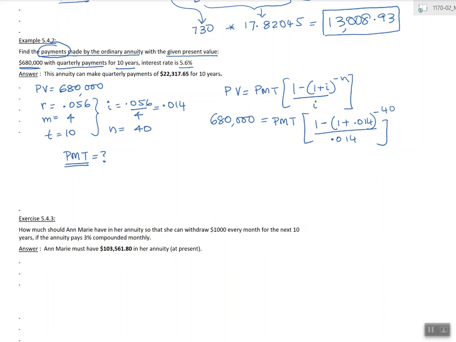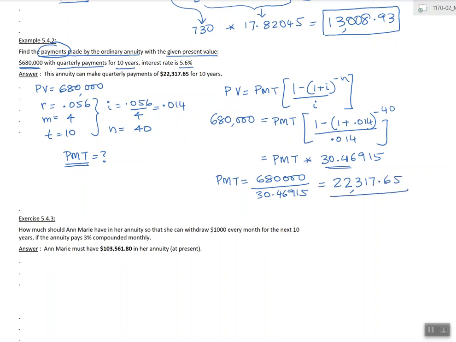And again, you should do this arithmetic using your calculator, and you're going to get 30.46915, and therefore PMT would be 680,000 divided by this number, and that will give you 22317.65.